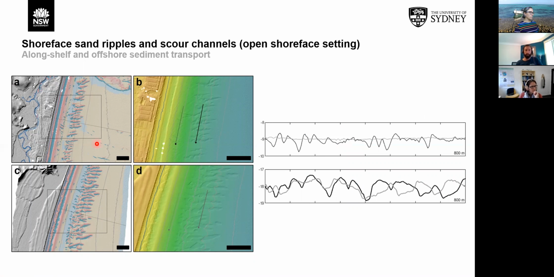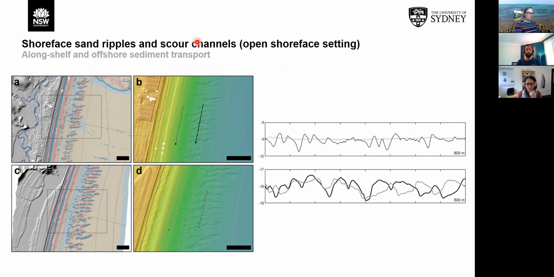I mentioned we were also looking at a sedimentary classification. So we're using a morphological classification technique to automatically identify features in the LiDAR and multibeam data. And what we're seeing here is some sand ripples that have evolved into shore-transverse scour channels, which are showing in this open shoreface setting. So this is in a setting that's quite dominated by longshore processes.